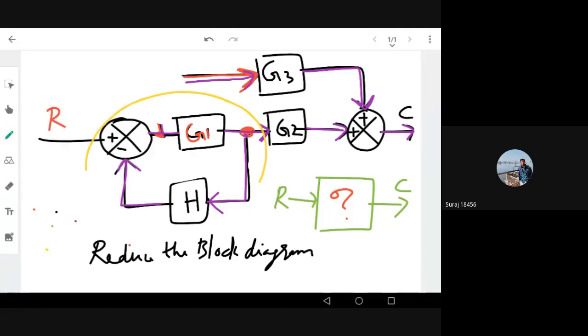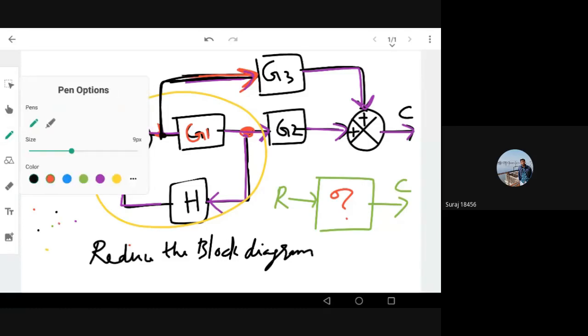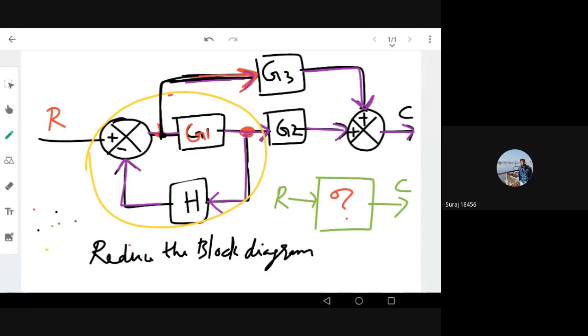We could have simplified this into a simple transfer function, but the problem is we cannot simplify using the closed loop transfer function we just derived, so we need to change this node. This guy is making the problem, so we need to move this node to a point here, maybe after this feedback thing.